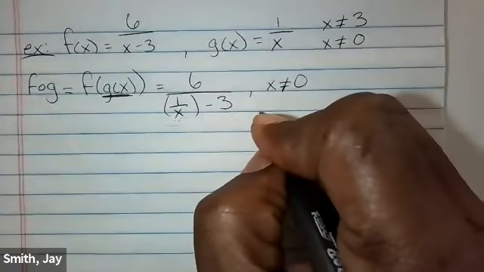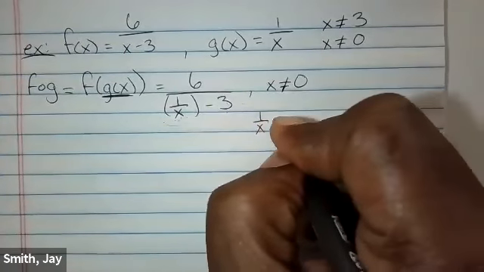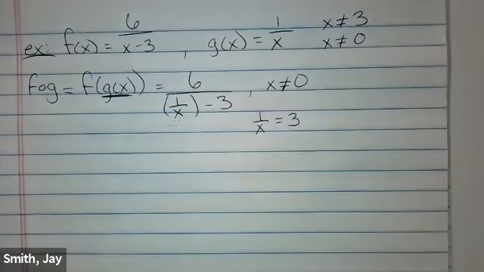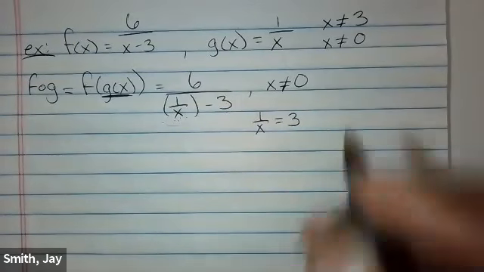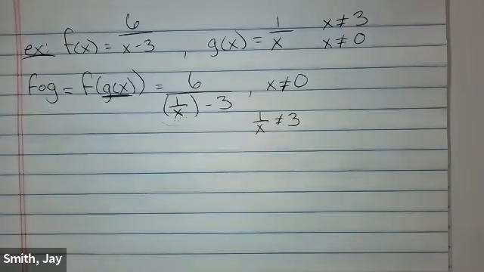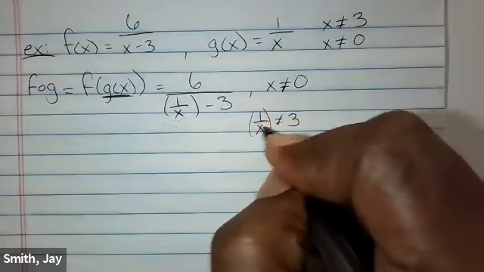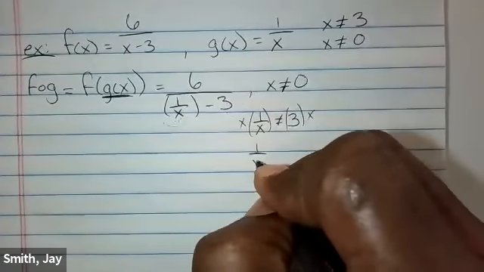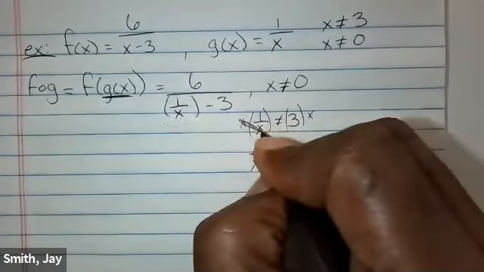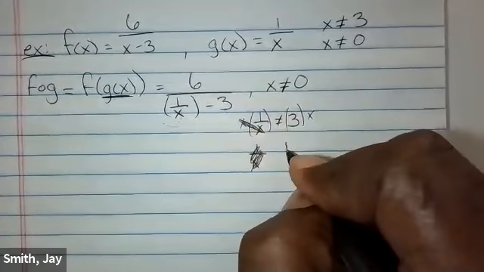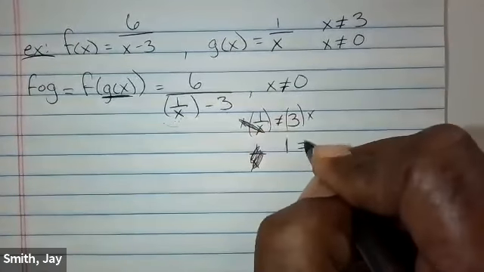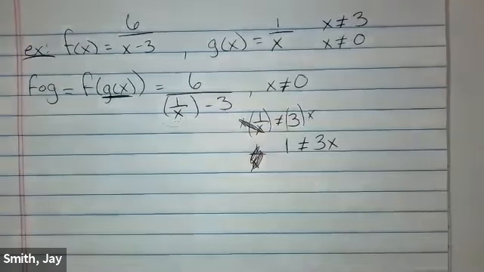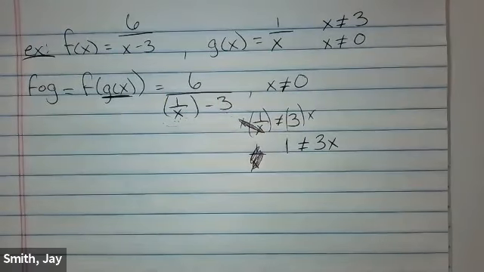We also need to figure out what will make 1 over x equal to 3, so we can exclude that. So 1 over x, we know, cannot be equal to 3. So we're solving this. The first thing I will do, multiply both sides by x, or we'll have 1 over x, just 1, because the x's will cancel. They're not equal to 3x. Let me get the x by itself.